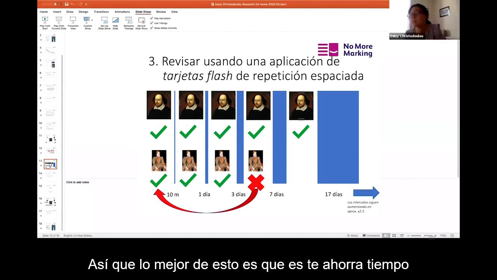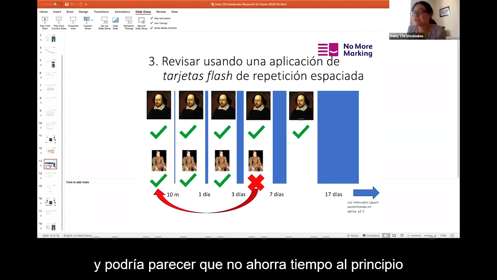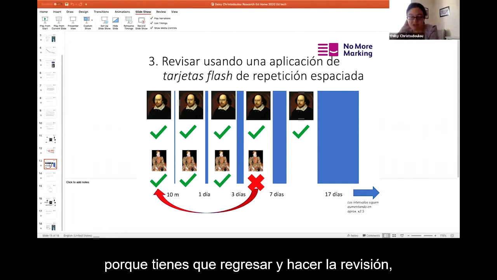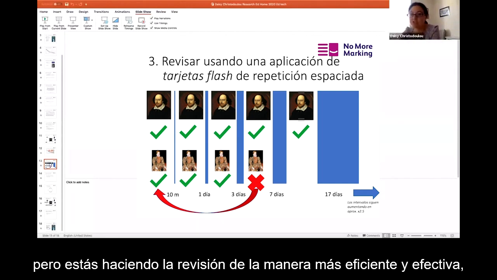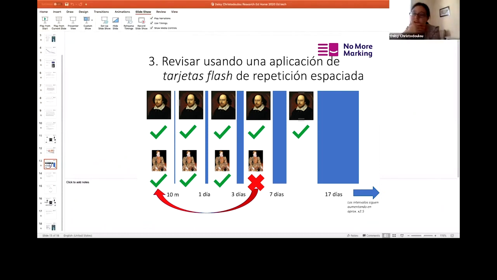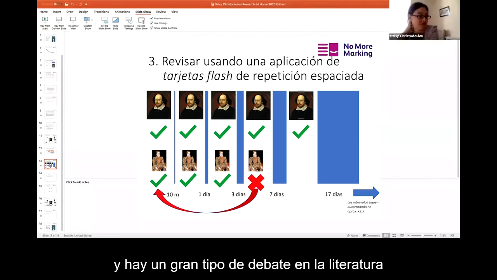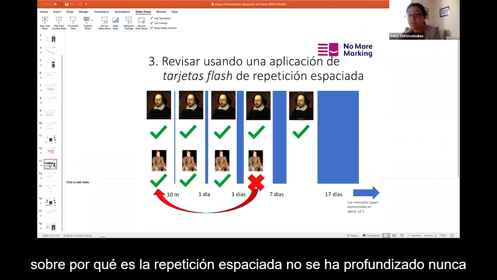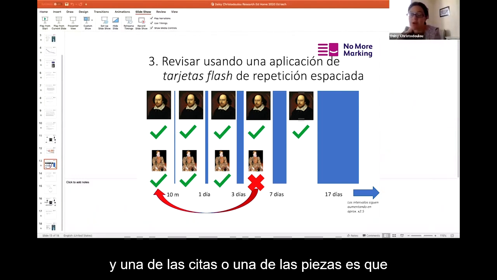So the great thing about this is I think it is a time saver. It might not feel like a time saver at first because you have to go back and do the revision, but you're doing the revision in the most efficient and effective way. So you're saving yourself time in the long run. And there's a big debate in the literature about why it is that spaced repetition has never properly caught on.